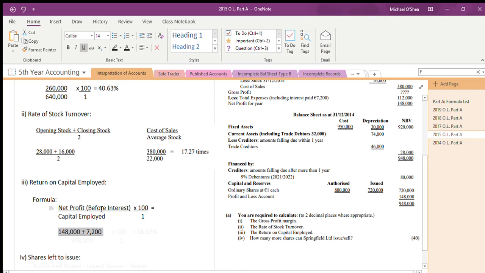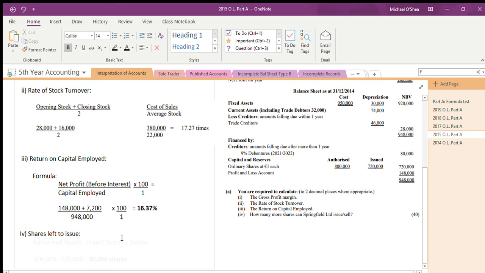My capital employed, I'm given in the question, always in the balance sheet, it's the balancing figure, 948,000. I multiply that by 100 over 1, and my answer is in percent. My answer is 16.37%. It's my return on capital employed for the 2015 question.